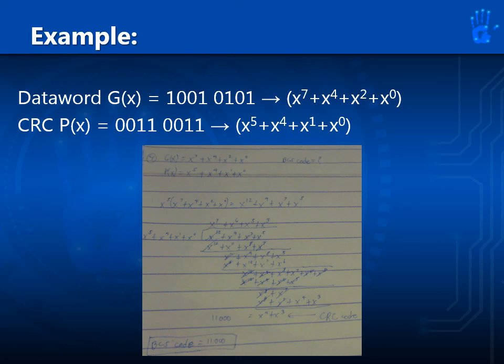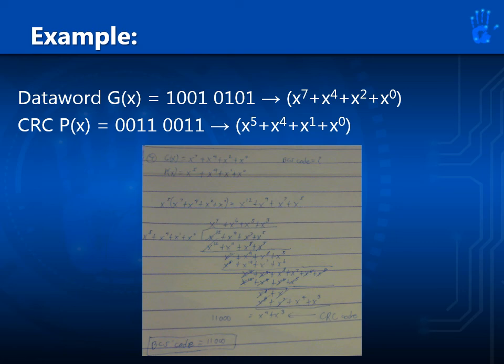As we can see, we have the quotient, x raised to 7 plus x raised to 6 plus x raised to 5 plus x raised to 3. This isn't what we're after. What we're after is the remainder. The remainder is x raised to 4 plus x raised to 3, and it has the binary equivalent of 11000.